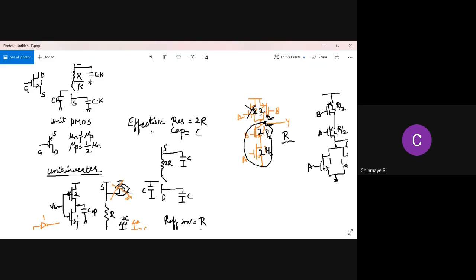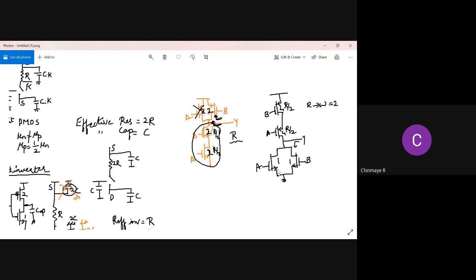The best case will be when both of these are on. There are 2 resistors connected in parallel and the resistance will be R by 2. That will be the best case, right? For the worst case, only one of these 2 transistors is on. So that's how we went about sizing the transistors in a 2-input NAND gate.